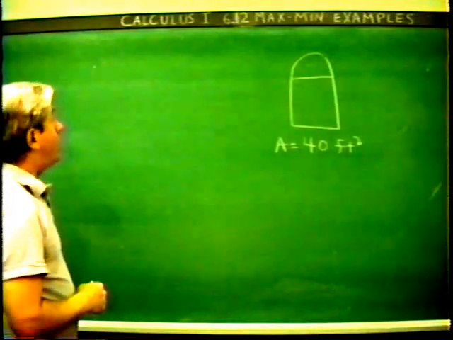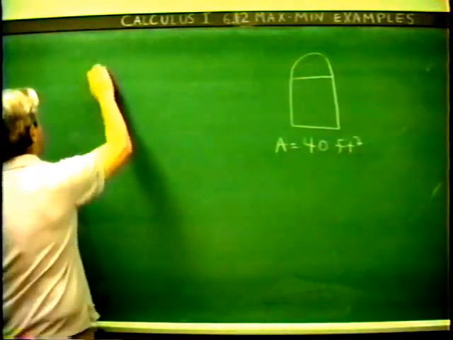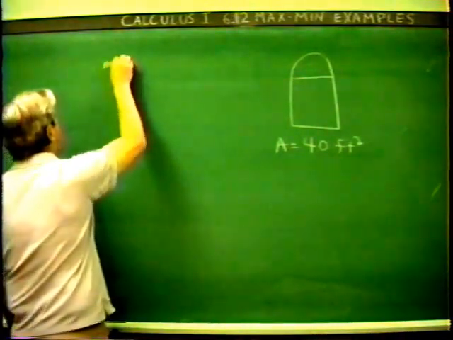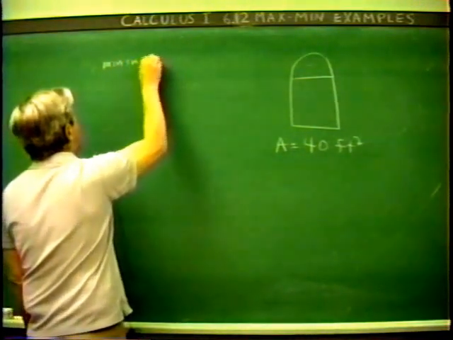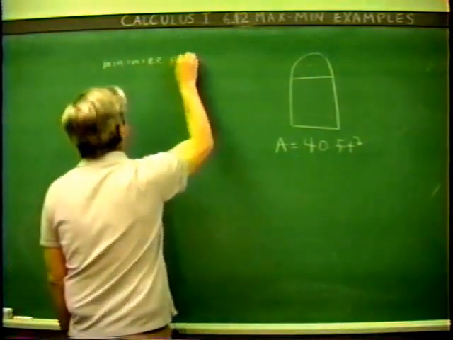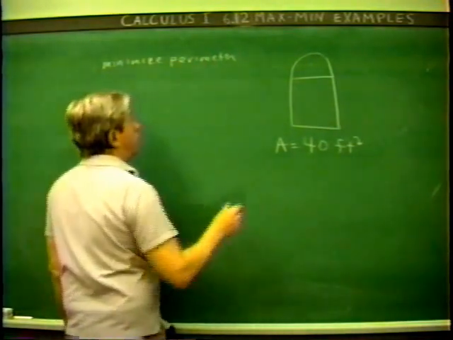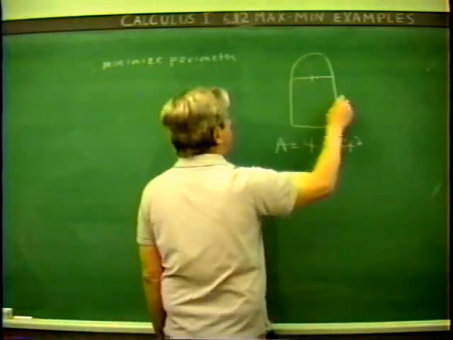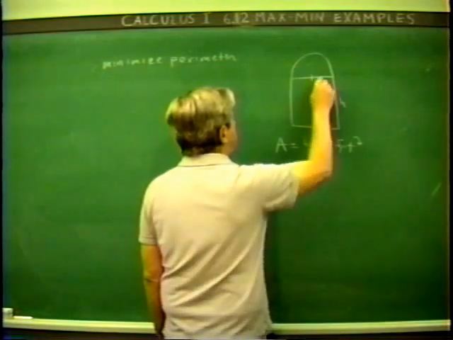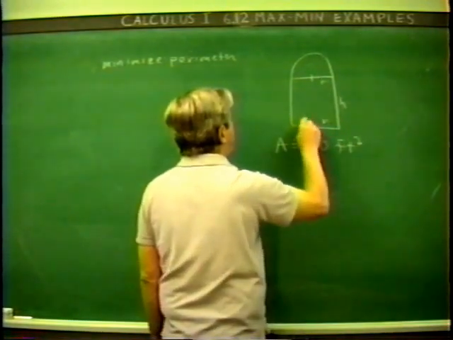So the area is going to be equal to 40 square feet. And we're going to put some sort of decorative arrangement around the outside here. To keep the cost down, we want to minimize the perimeter of the window.